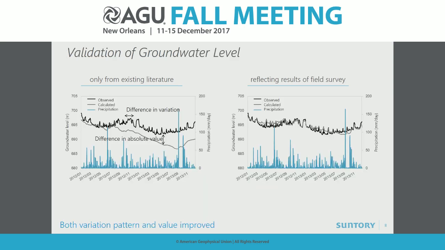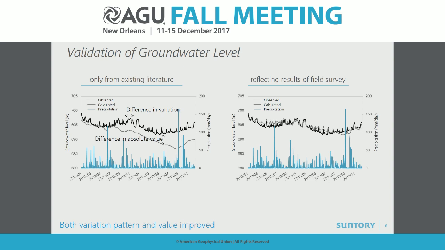And this is the result of the calculated groundwater level. On the left-hand side is the original one, and there were differences between the observed and calculated data. The black line shows the observed and the gray one is the calculated one.